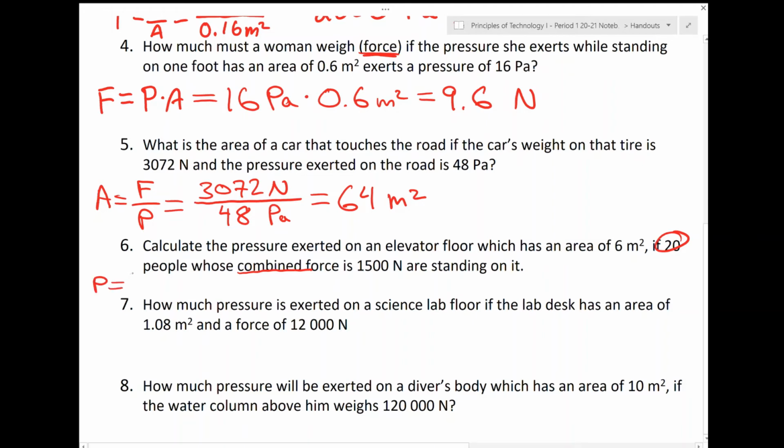Pressure is equal to force divided by area. Our force is 1,500 newtons. We're dividing it by our area of 6 square meters. 1,500 divided by 6 is going to give us 250 pascals.